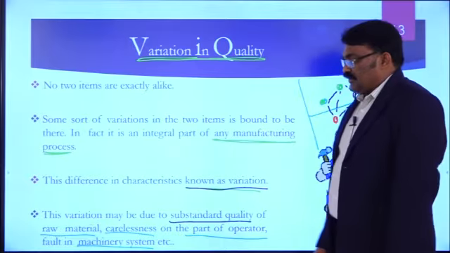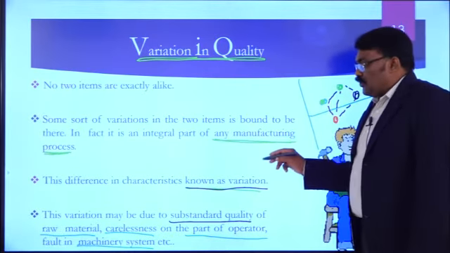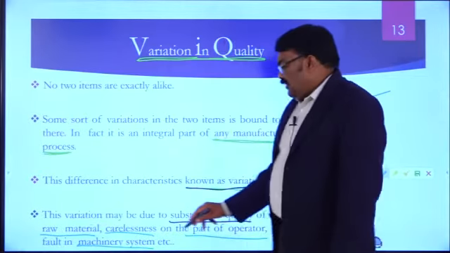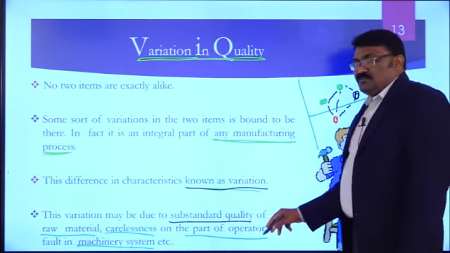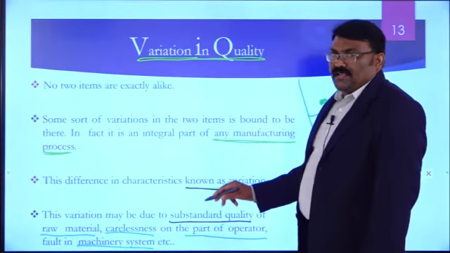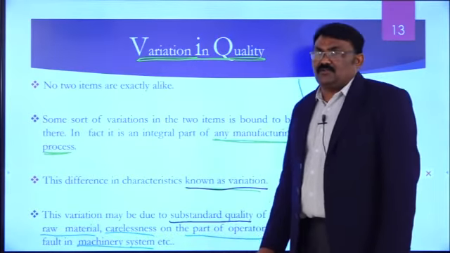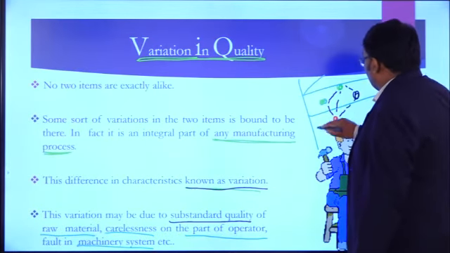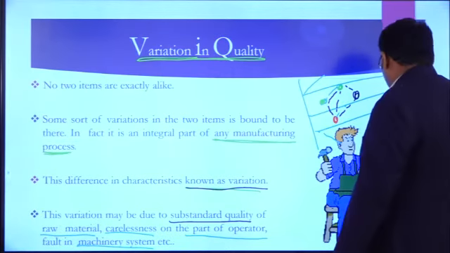So ultimately the variation is because of the raw material quality, the carelessness of the operator, or machinery in a faulty state. Because of that, the errors may have a deviation, and because of this the variations are attained, okay.